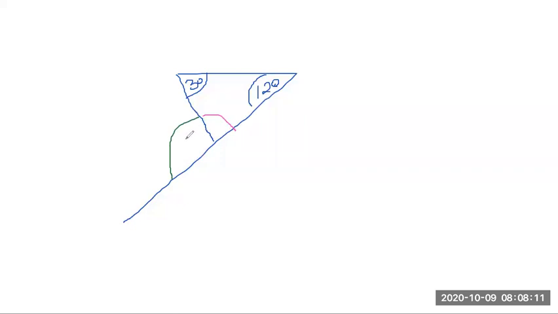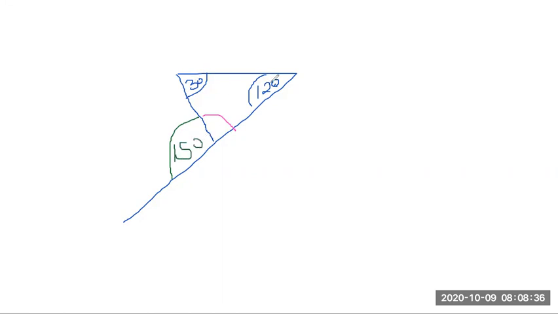So remember, the exterior angle is equal to both the interior angles. The green is 150. All I gotta do is add these two interior angles that are opposite the exterior. So this right here is 150.